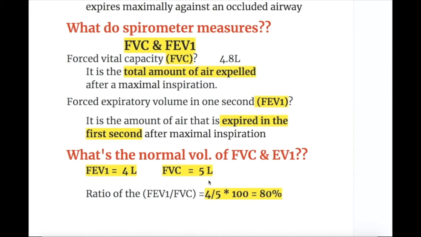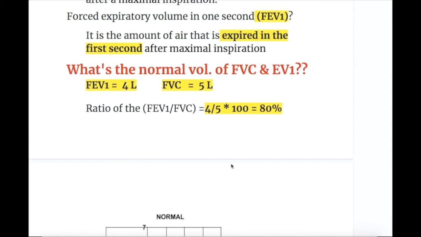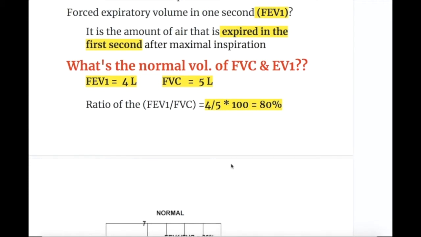It is the amount of air expired in the first second after the maximal inspiration. What are the normal volumes of FVC and FEV1? FEV1 is 4 liters and FVC is 5 liters, and the ratio of the two, FEV1 divided by FVC times 100, is 80%. So the normal value is 80%, but it may range from 80 to 120%.